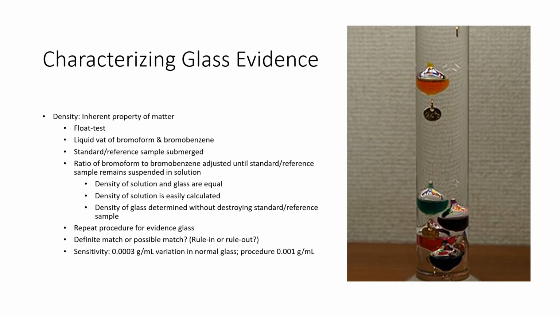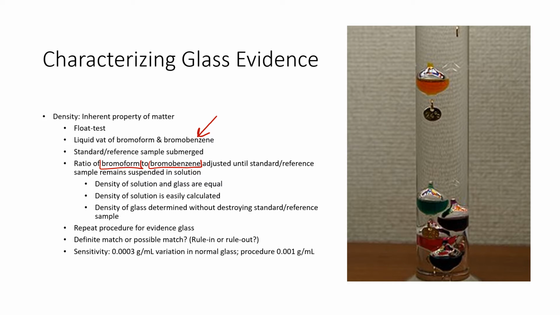What you'll do is you'll take a liquid vat of these two chemicals, bromoform and bromobenzene. These have a known refractive index each. Your standard reference sample will be submerged, and then the ratio of bromoform and bromobenzene, which again have documented refractive indices of their own, will be adjusted until the standard reference sample floats in the middle.